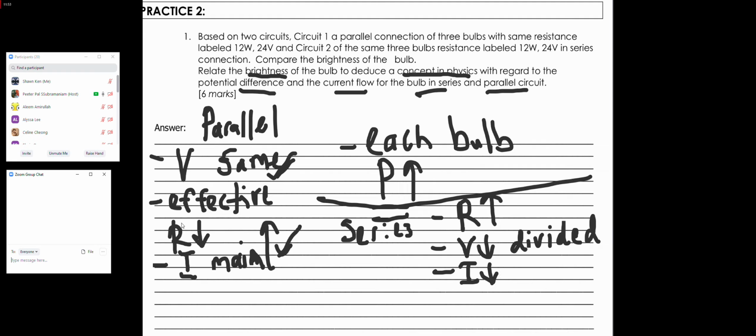So in series, total resistance increases, voltage across each bulb decreases, and current also decreases. When current decreases, the power emitted by each bulb decreases. So comparatively, I can tell now that the bulbs in series are dimmer than in parallel.